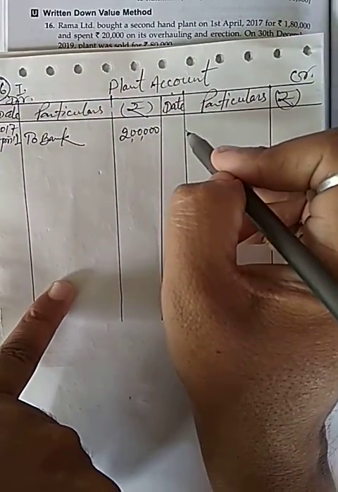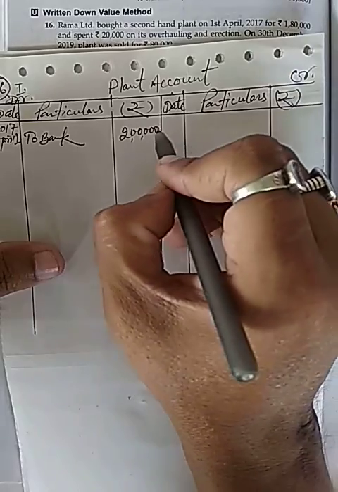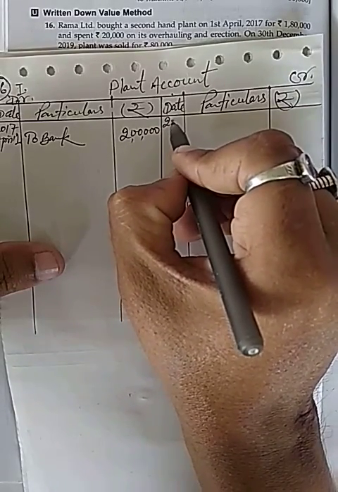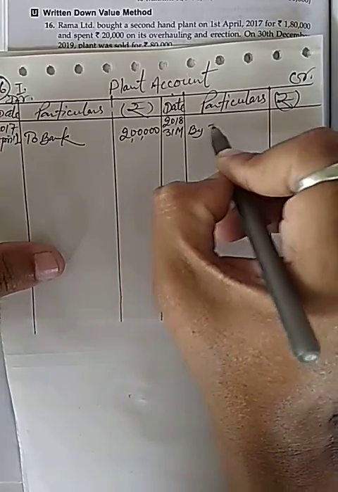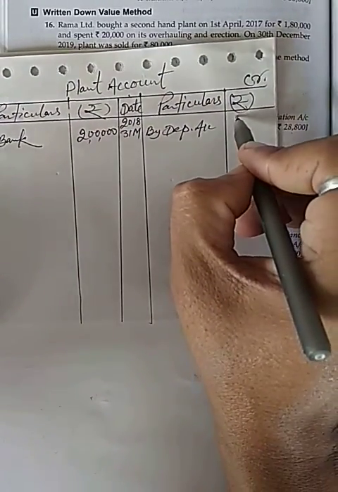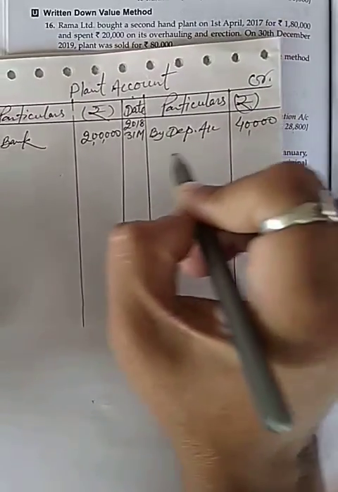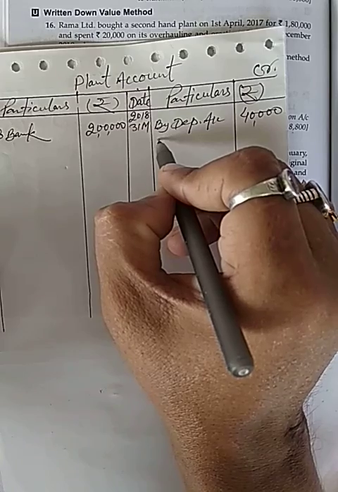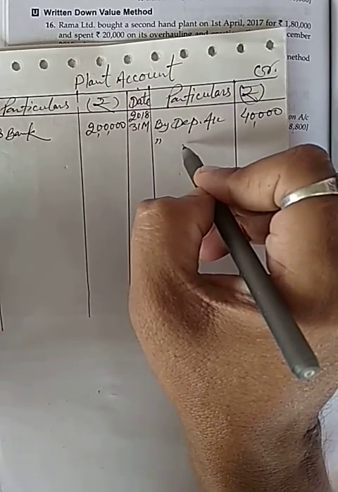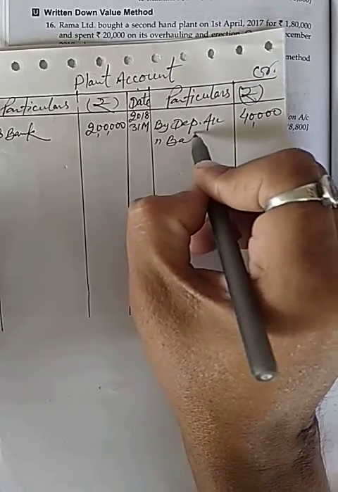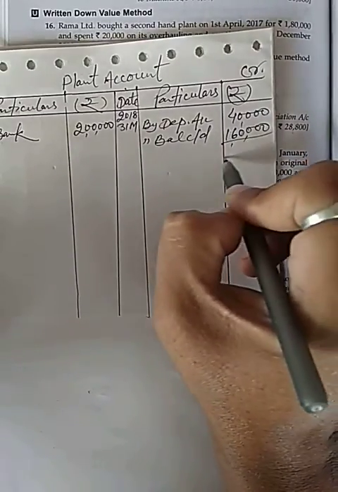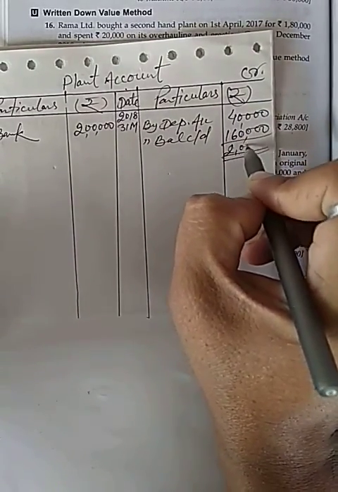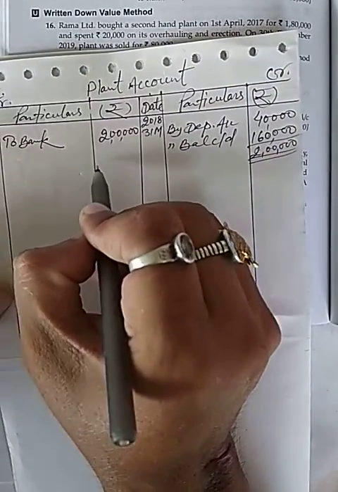At the rate of 20% per annum, depreciation on 31st March 2018 by depreciation account will be 40,000, and the remaining balance will be balance CD 1,60,000, and the total will be 2 lakh on both sides.